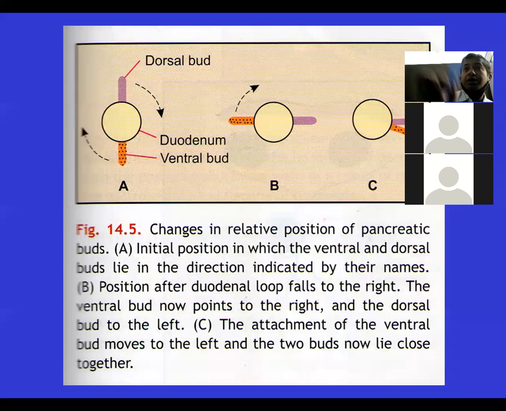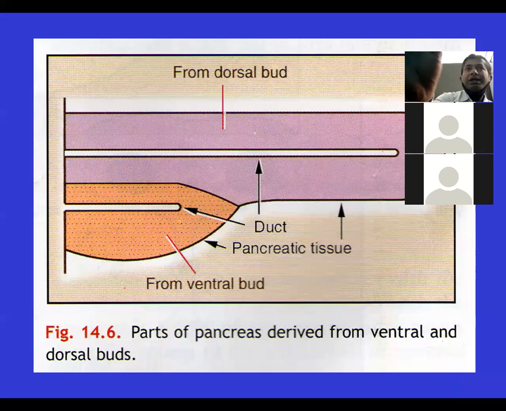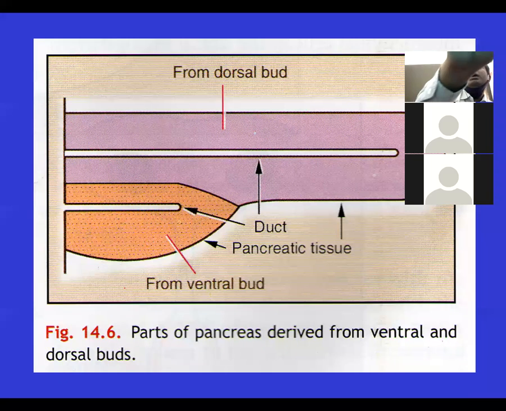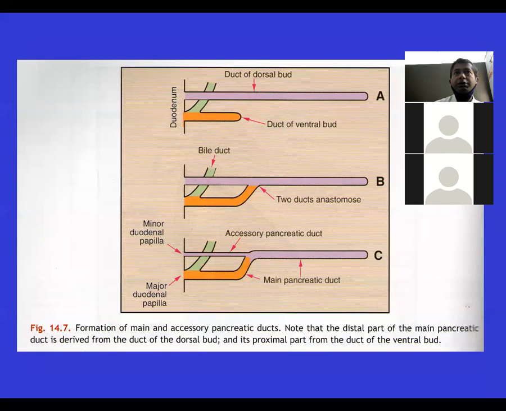This is the fully developed pancreas. The major part, head, neck, body, and tail, develops from the dorsal pancreatic bud, whereas the smaller part of the head and the uncinate process develops from the ventral pancreatic bud.